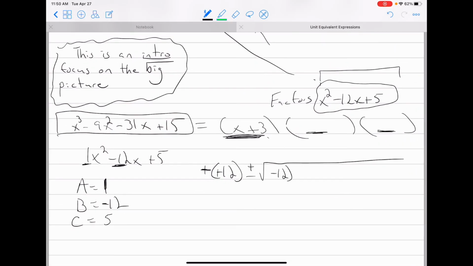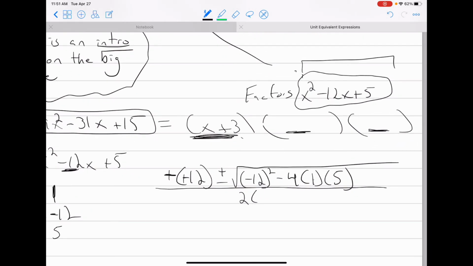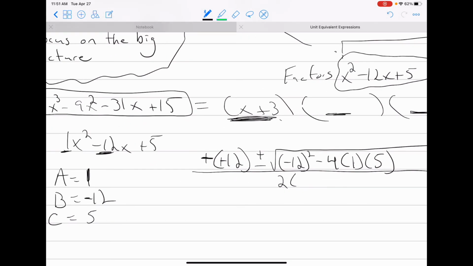Negative 12 squared minus 4 times A, which is 1, times C, which is 5. Notice how I'm doing this. I'm putting everything in the parentheses. Please do that. Just trust me. It matters. It makes a difference. And this whole thing is all over 2 times A, right? Yep. 2 times A, which is 1.